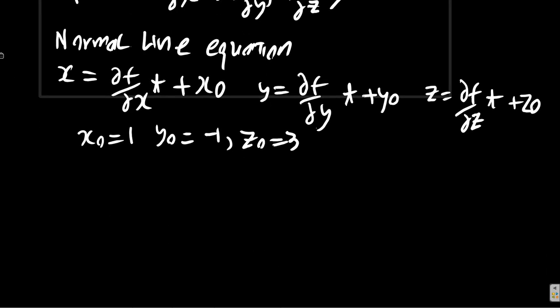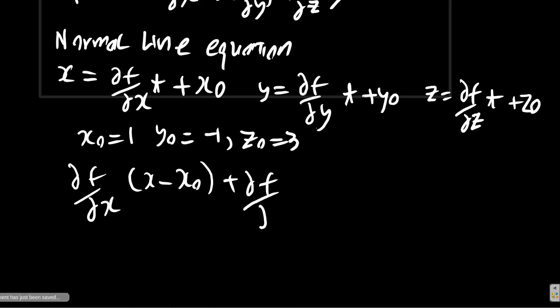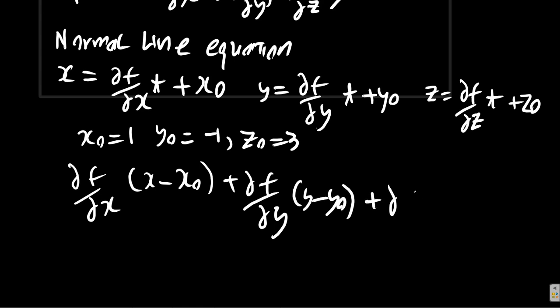As for the equation of the plane, it's going to be the partial derivative of f with respect to x times x minus x0, plus the partial derivative of f with respect to y times y minus y0, plus the partial derivative of f with respect to z times z minus z0, equals 0.